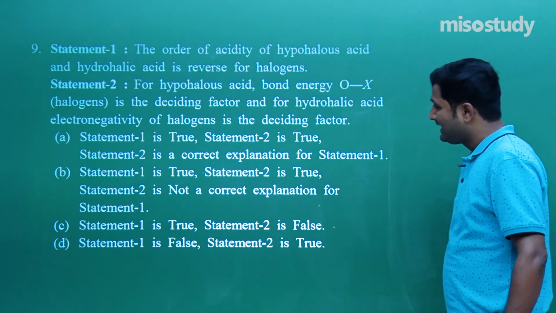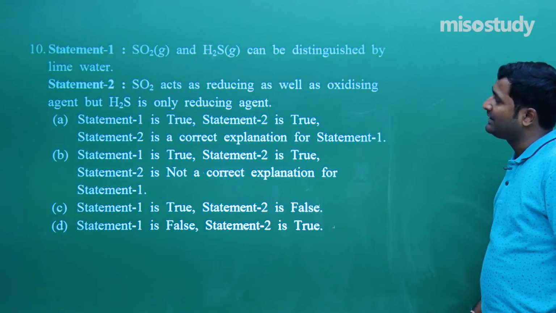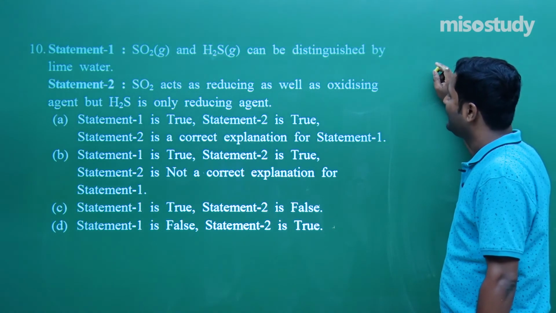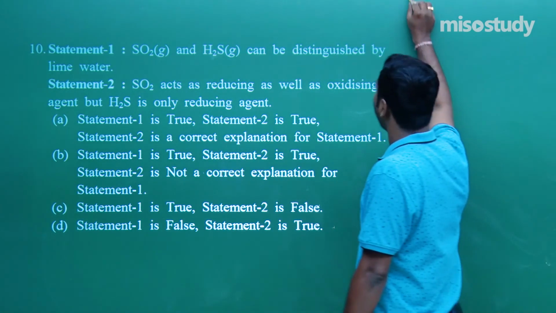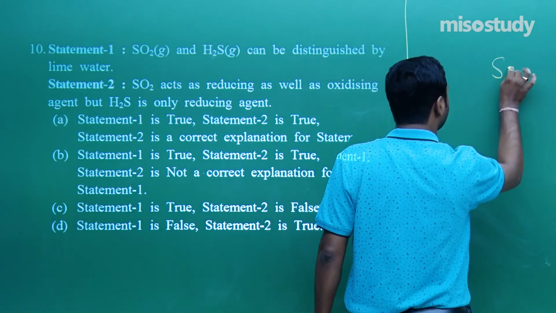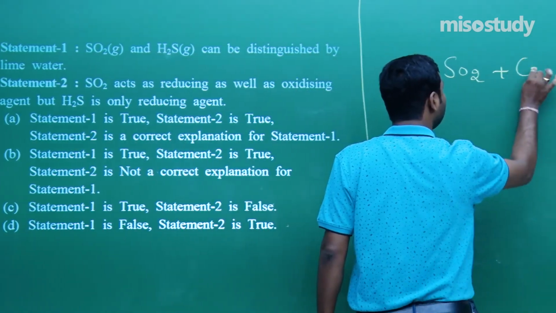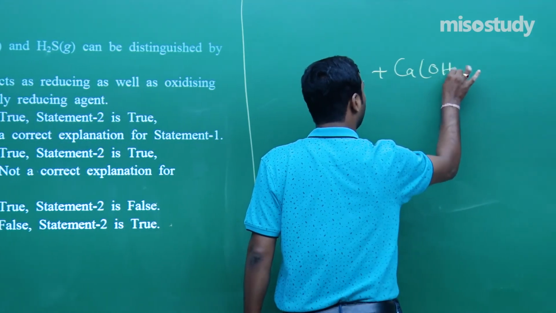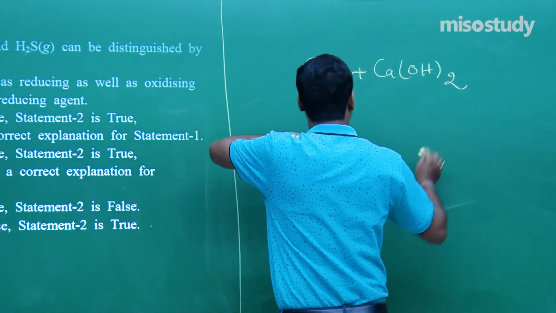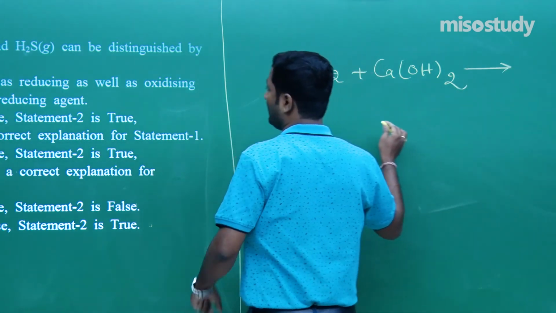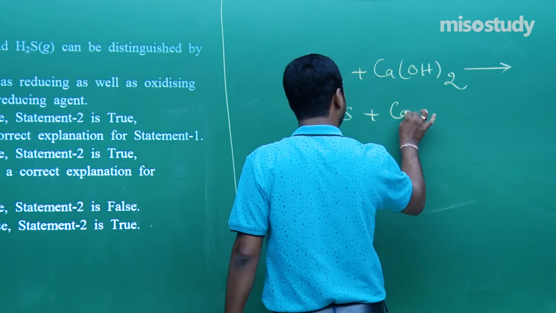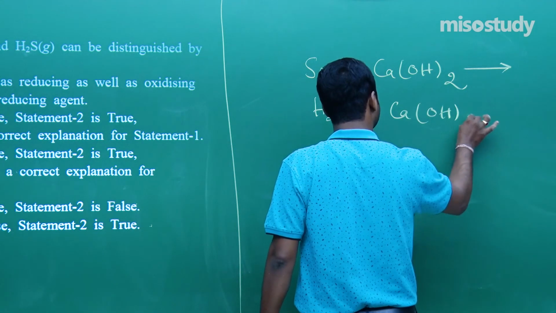Let's move to the next segment, question number 10. Statement 1: SO2 and H2S can be distinguished by lime water. Check it out. Lime water is Ca(OH)2. SO2 plus Ca(OH)2, and H2S plus Ca(OH)2.